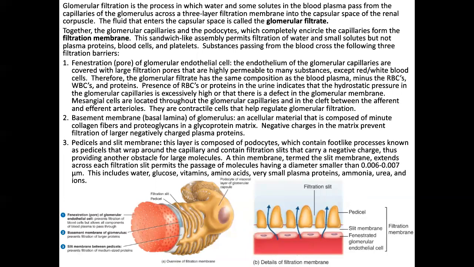All right, so what we're going to do is start where it all begins with glomerular filtration, which involves the glomerular capsule and the glomerular capillaries inside, and results in the formation of filtrate.